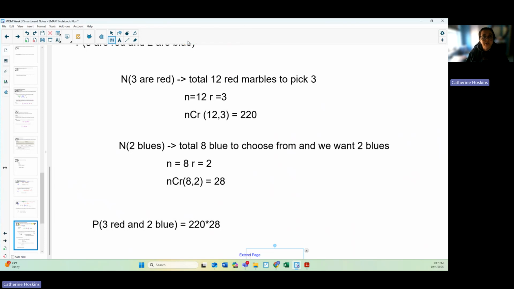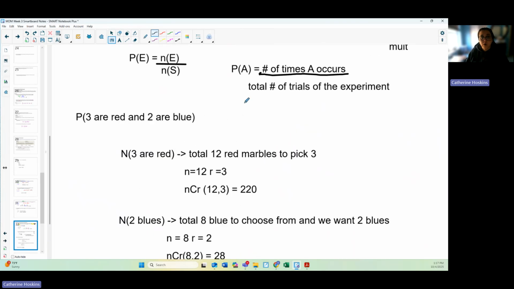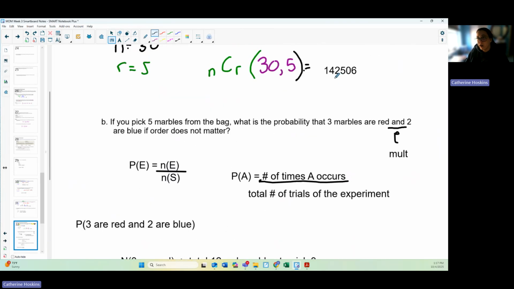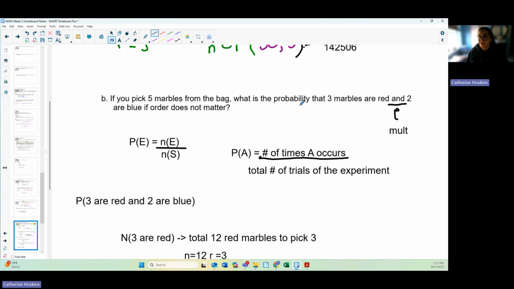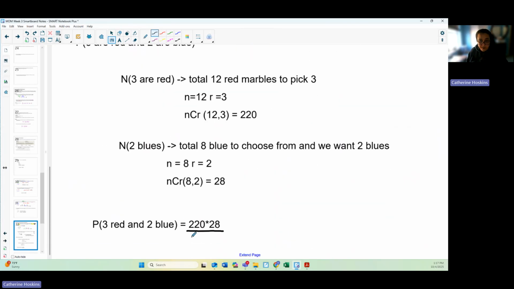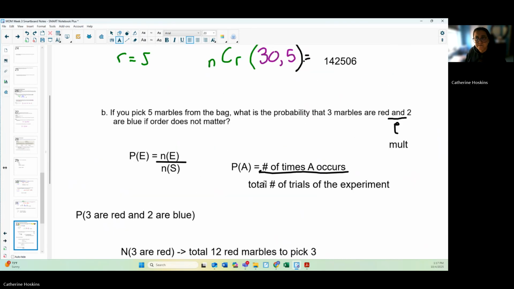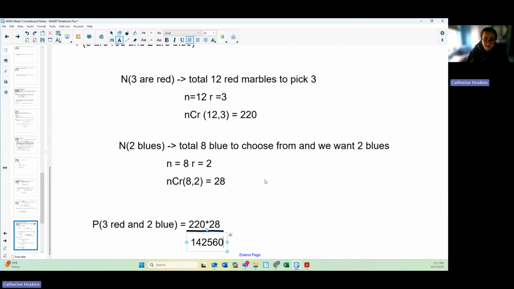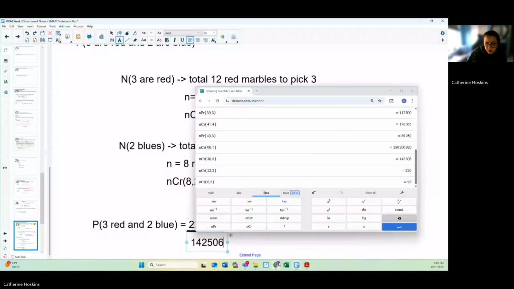We divide by the total count for picking 5, or part A, which would be 142,506. Oh, my bad, not 60, 06. There we go.